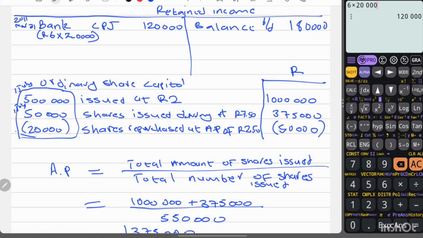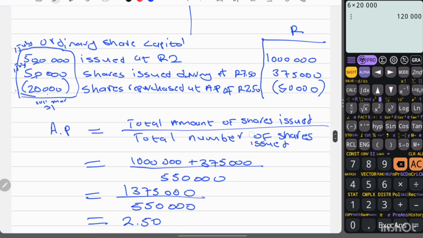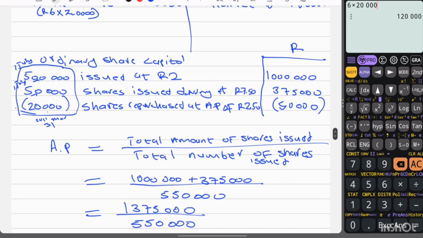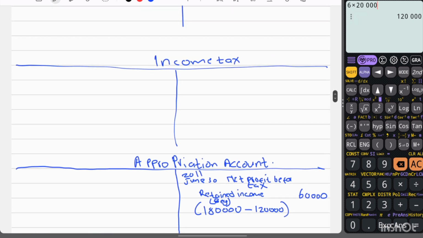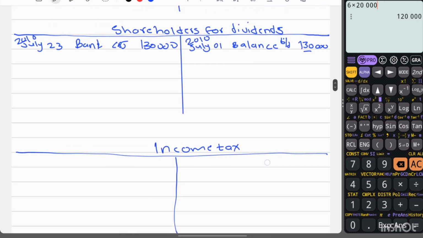But the interim dividend was on 31 December, and this one was on 2011 March 31. So by the time we were paying the interim dividend, we had this 500,000 plus this 50,000, so 550,000 shares.